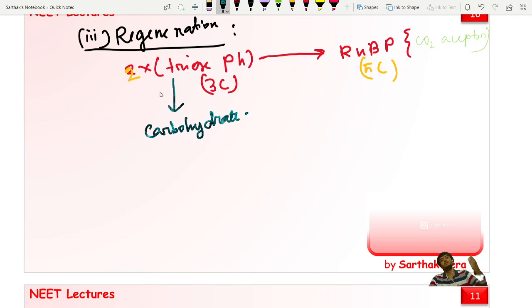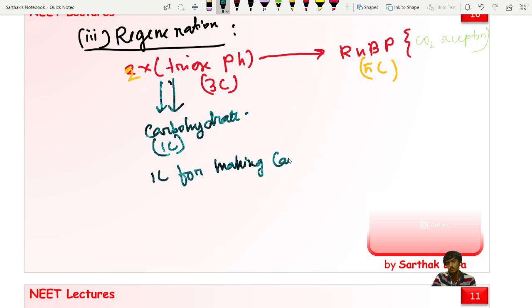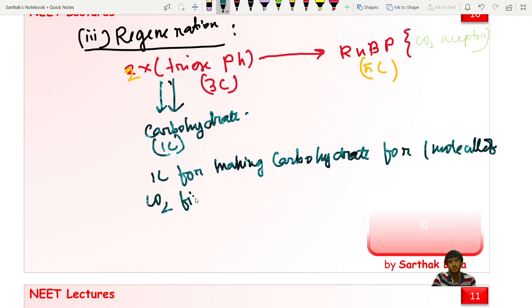Listen, this is also very important: I am using 1 carbon for making carbohydrate for 1 molecule of CO2 fixed.